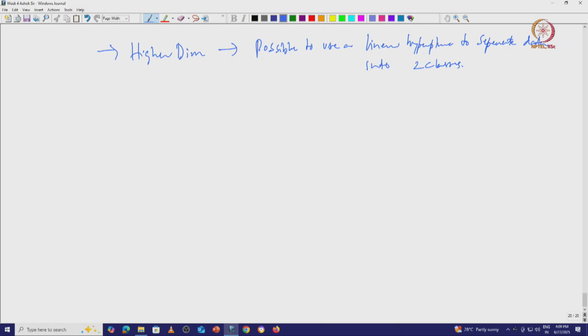How to understand? Look at a problem. Consider two class data.